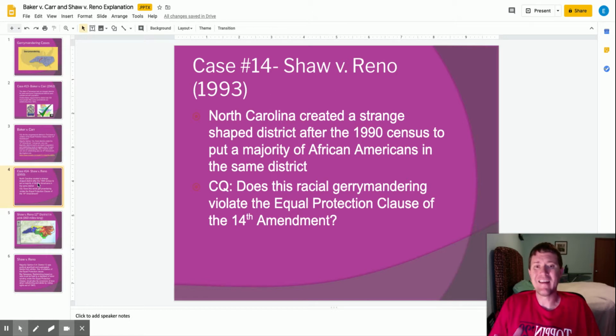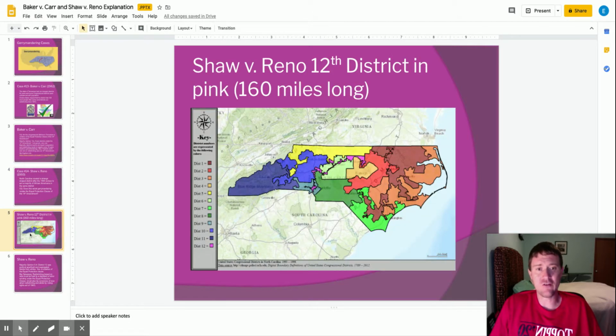Reno is, does this racial gerrymandering violate the Equal Protection Clause of the 14th Amendment? And as you can see here, here's the picture. It's this pink district right here that goes all over the place, obvious gerrymandering. And North Carolina admits it. They're like, yeah, we did this to try to make sure that there's an African American representative.